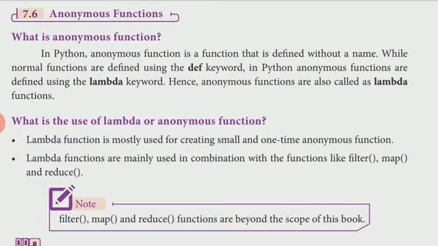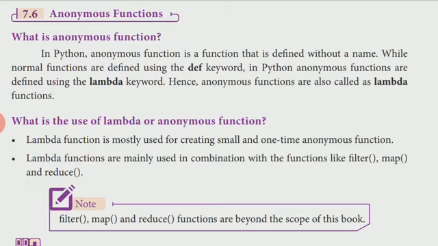Within one line you are going to write code which will give the output. For that you are going to use lambda as a keyword. Generally, user defined functions use the def keyword, but here the lambda functions use the lambda keyword. Then what is the use of that function?